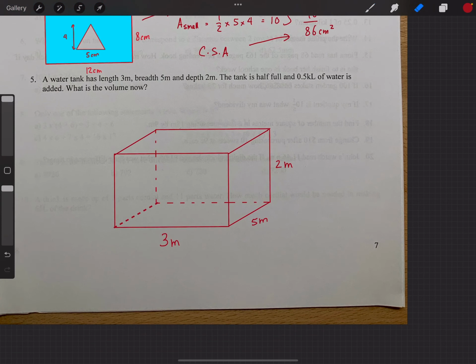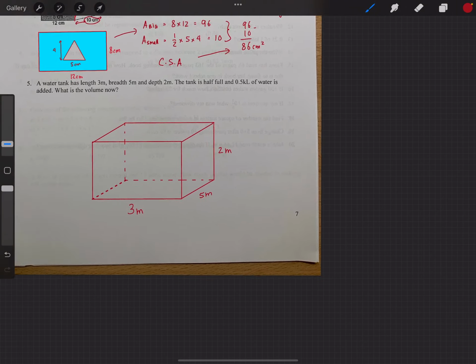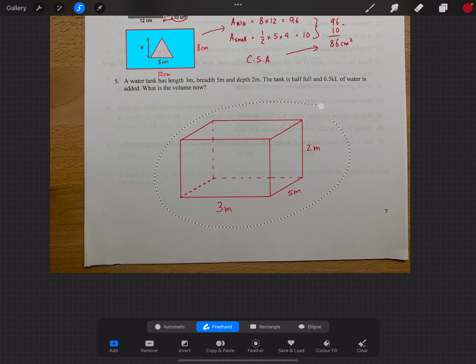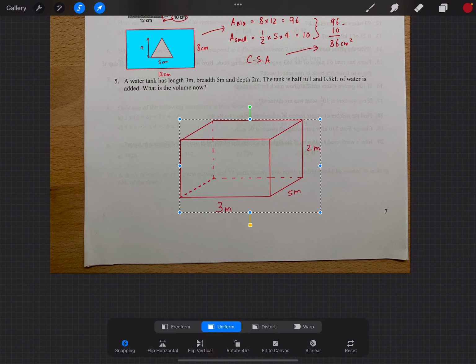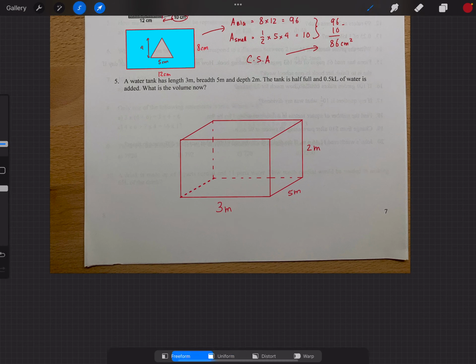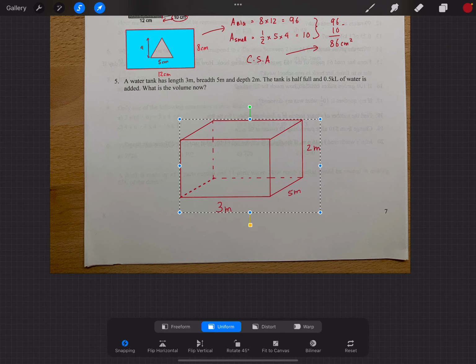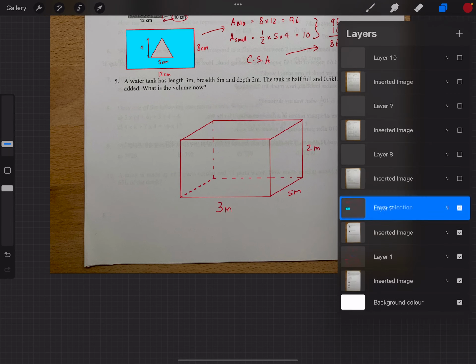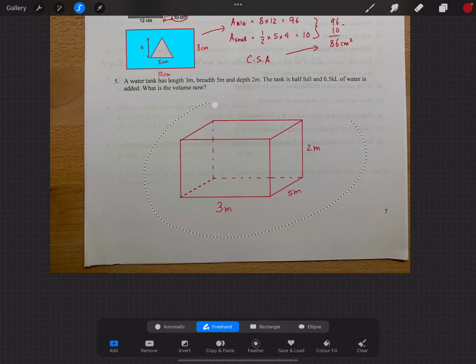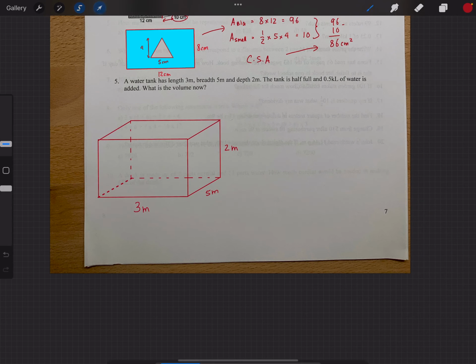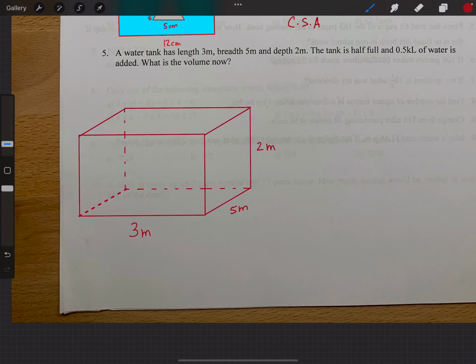This is a tricky question. At the moment it's half full, so let's find the volume of the full tank first.